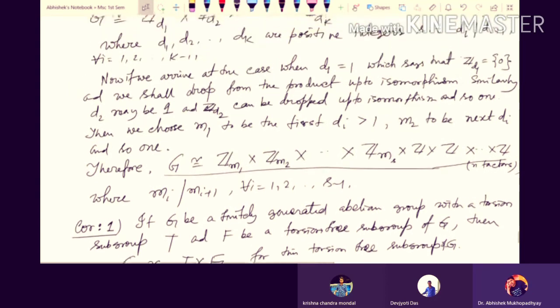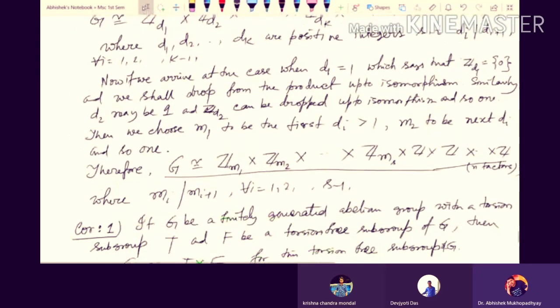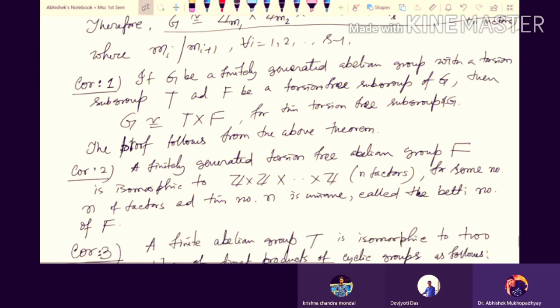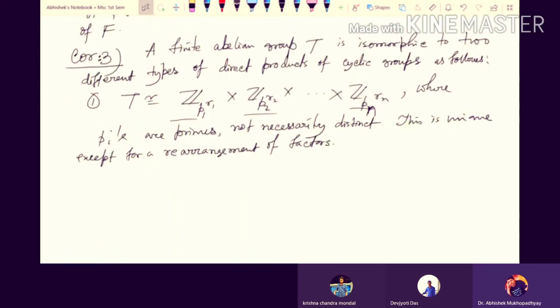Actually, G will be isomorphic to some Z_M1 cross Z_M2 ... Z_MS, where M1, M2, ..., MS are positive integers. So using the prime decomposition theorem, every M1, M2, ..., MS can be decomposed as a product of powers of primes, and using this property you will have this isomorphism from T onto Z_P1^R1 cross Z_P2^R2 cross ... Z_PN^RN.